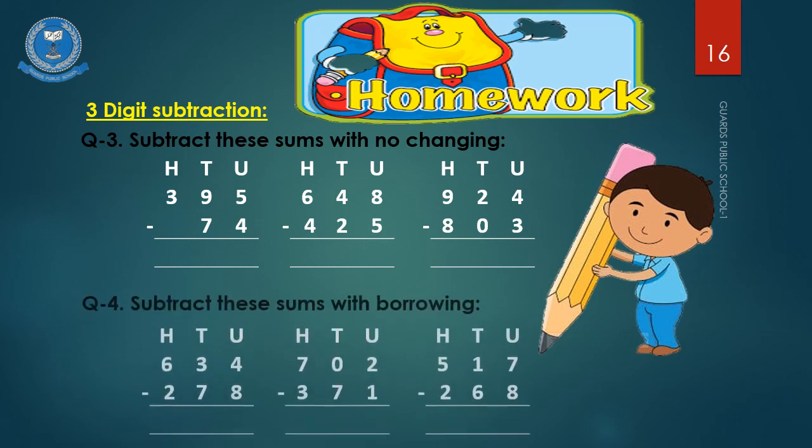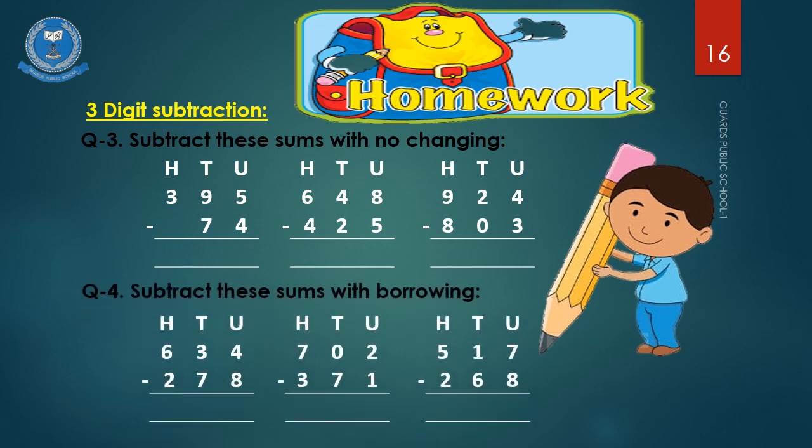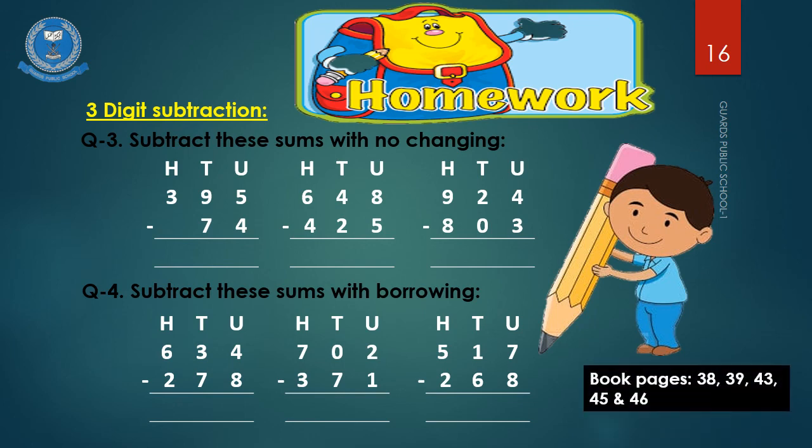In question number 4, you have to subtract these 3 digit sums with borrowing. After this, you have to complete book pages in the book. That is 38, 39, 43, 45 and 46.